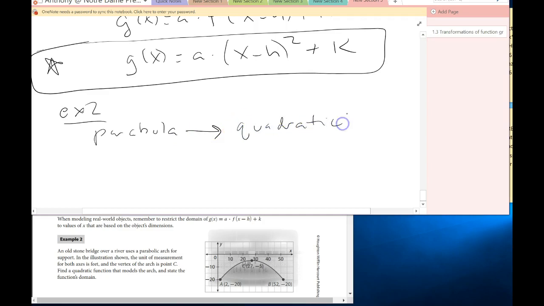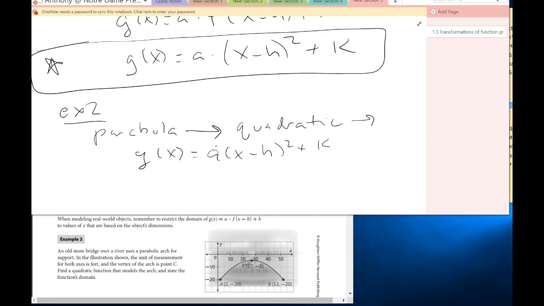So it tells me that we're making a quadratic function here. And since it's a quadratic function, that tells me that the form I'm going to write it in is this. It says in the illustration shown, the unit of measurement for both axes is feet, and the vertex of the arch is point C.